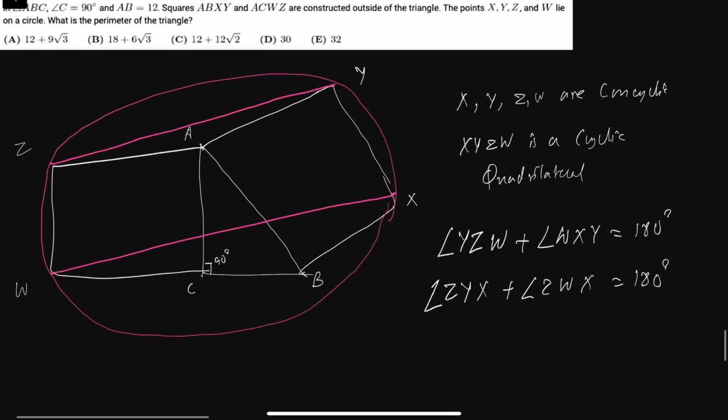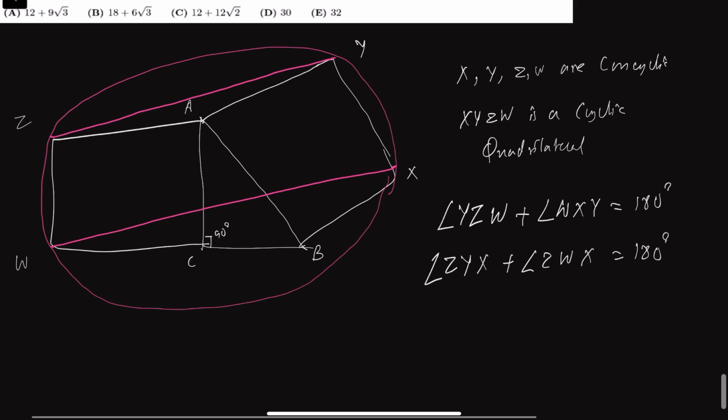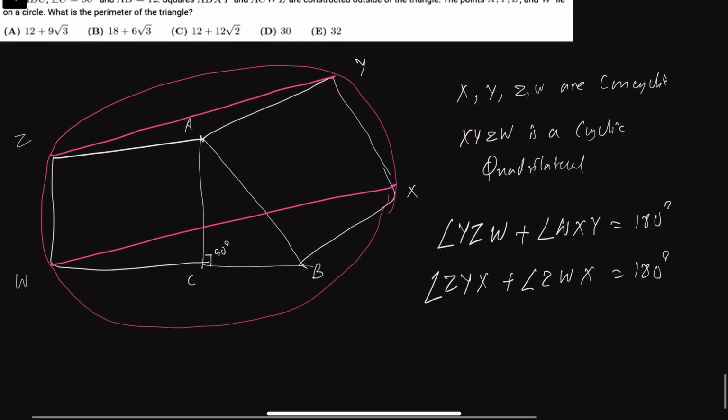So angle YZW is this and WXY is this angle. These two will be 180 degrees, and ZYX plus the other opposite angle ZWX is 180 degrees. Now YZW is nothing but 90 degrees plus YZA. This is 90 degrees already.